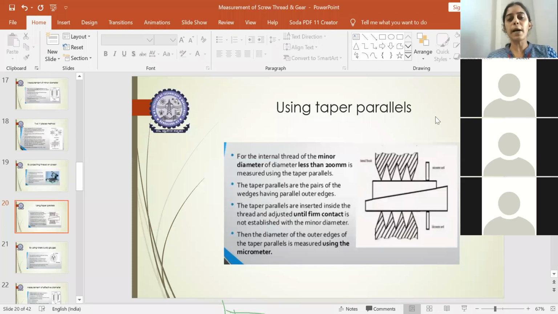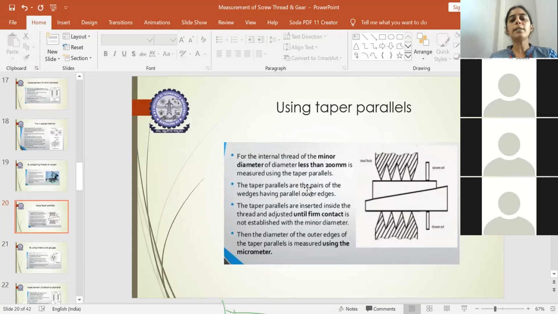Using taper parallels, the minor diameter of an internal thread less than 200 mm is measured. This method is convenient if you want to measure a minor diameter of less than 200 mm. If it is more than 200 mm, you cannot go with taper parallel methods.